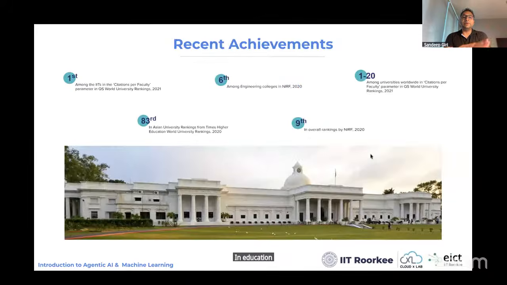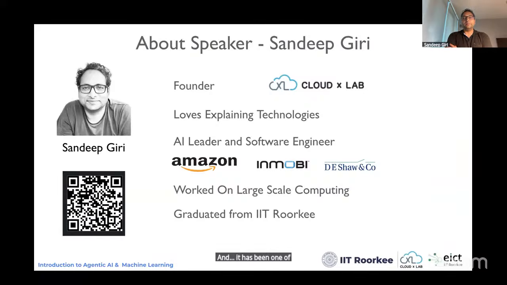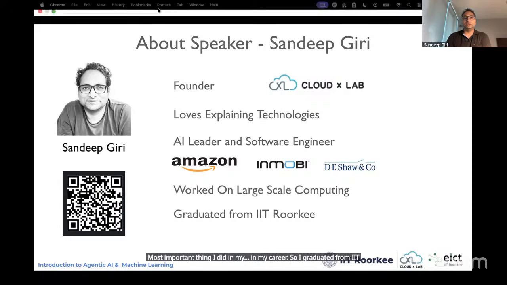It is a beautiful campus, and I'm an alumnus of IIT Roorkee. I graduated from IIT Roorkee in 2002, and it has been one of the most important things I did in my career.